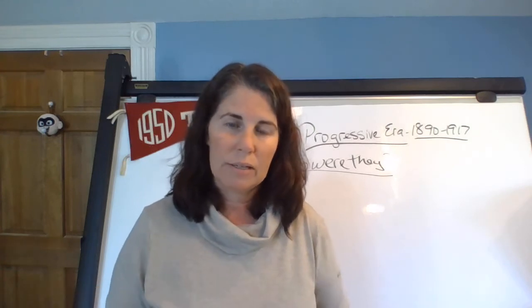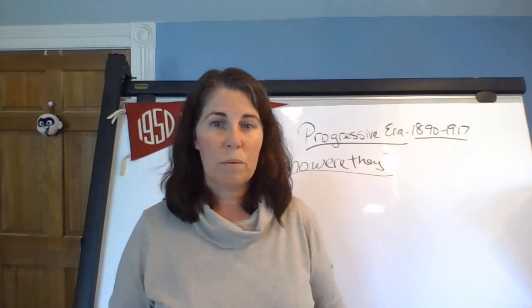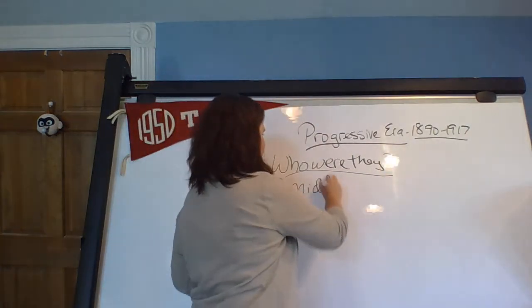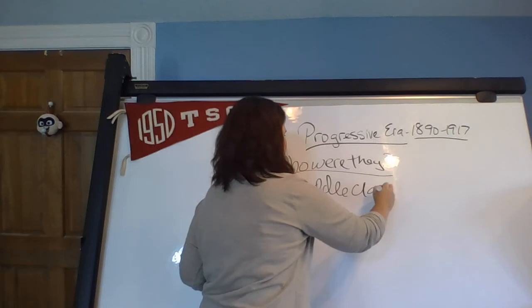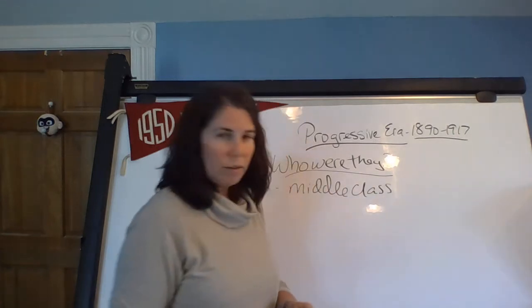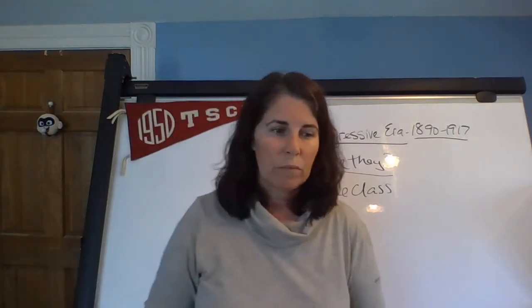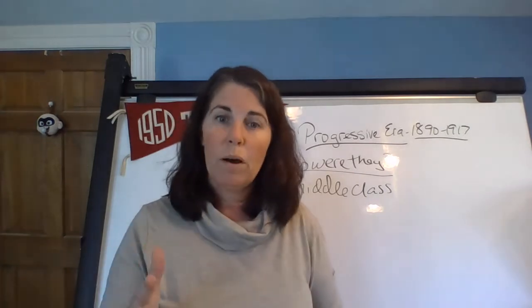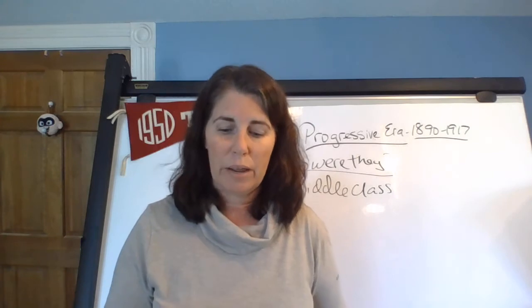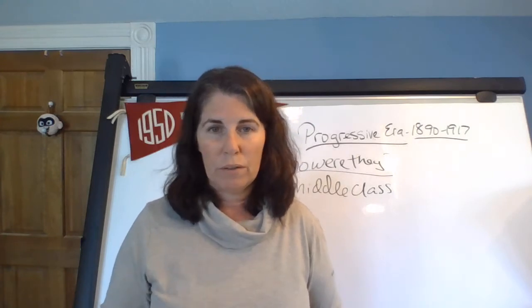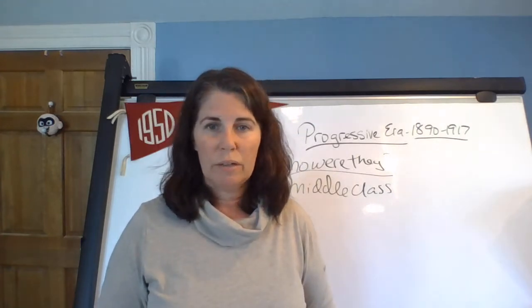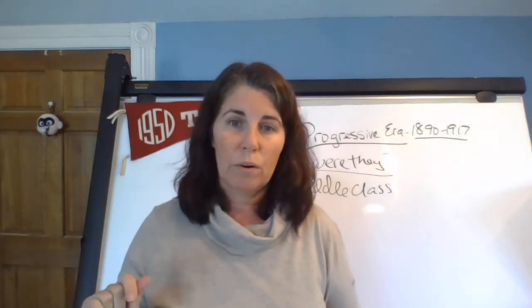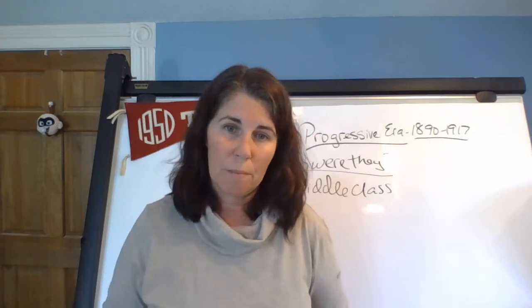mainly the middle class. And part of the reason these are going to be mainly middle class is fairly obvious, right? If you're poor and you're working 12, 14, 16-hour days, and you're doing all this work, you're not necessarily going to have time to go and fight for your rights or protest at something, right?